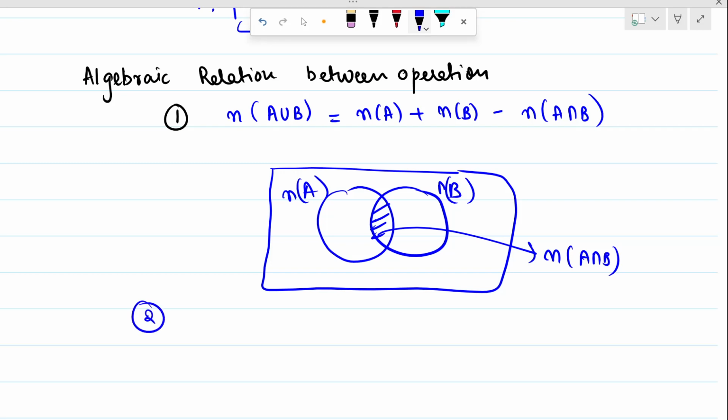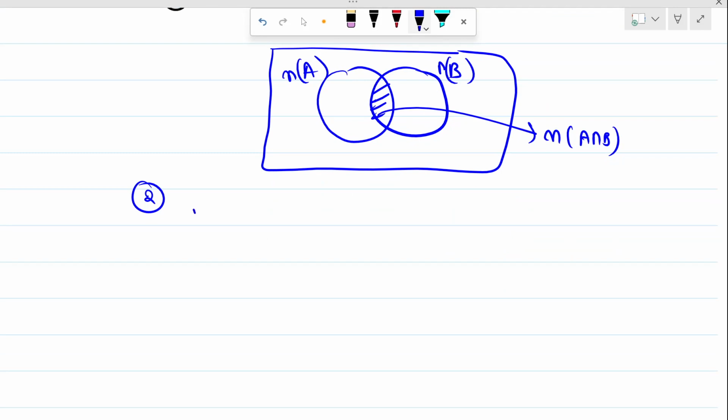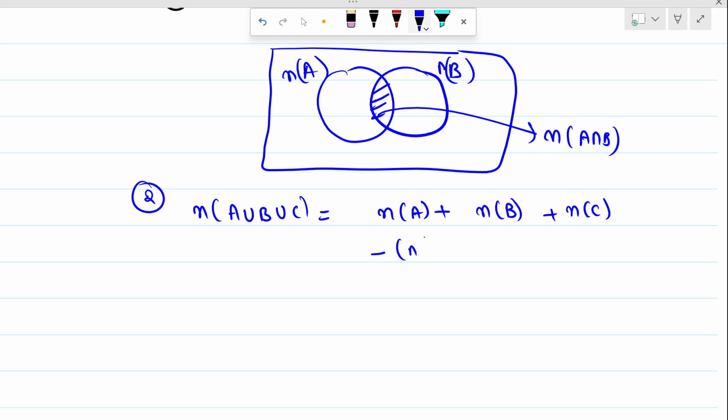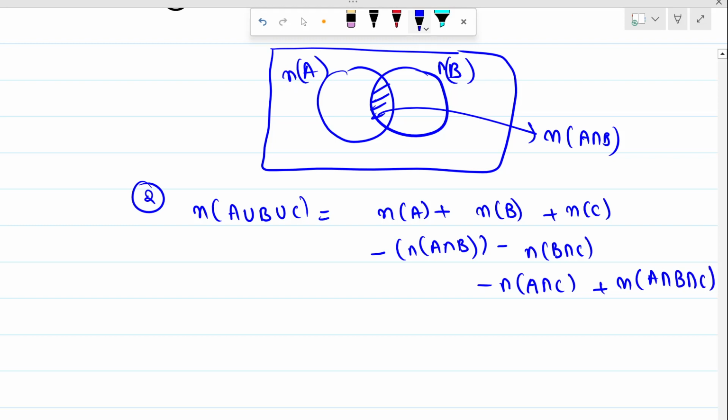Second, if there are three sets, N of A union B union C is equal to N A plus N B plus N C minus N A intersection B minus N B intersection C minus N A intersection C plus N A intersection B intersection C. So in the Venn diagram it will look like this.